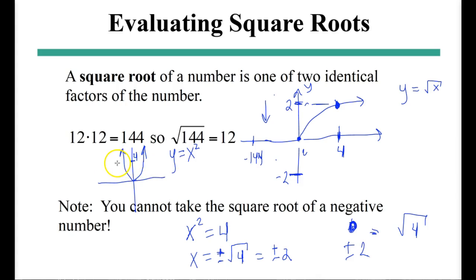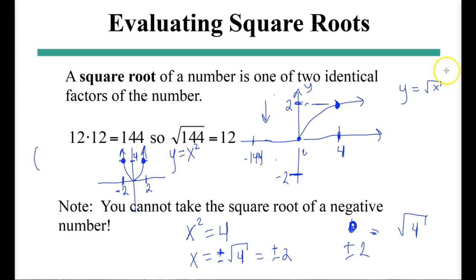Here we have 2 points that have y coordinates of 4. If we map those down, the corresponding x value here is -2, and the corresponding x value there is +2. So we have these 2 points.